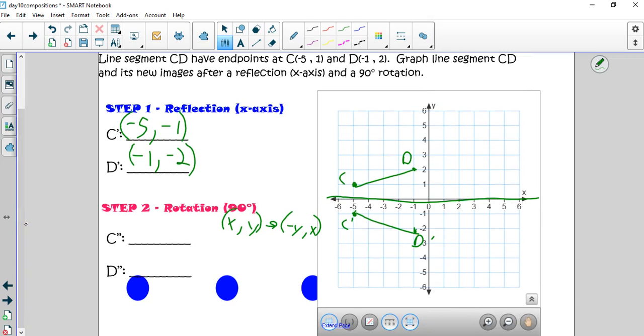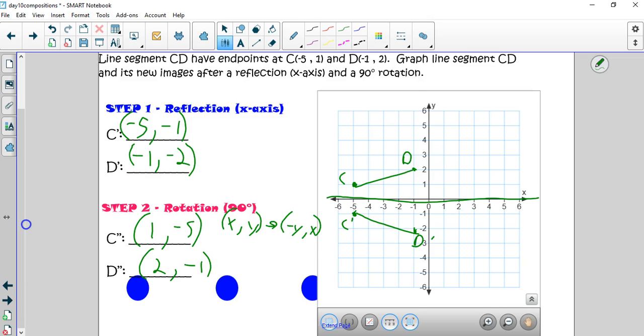So, C prime was at -5, -1. So, -1 becomes +1, and we move X into the Y position. And then D double prime, again, Y, which was -2, becomes +2, and we move -1 into the Y position.